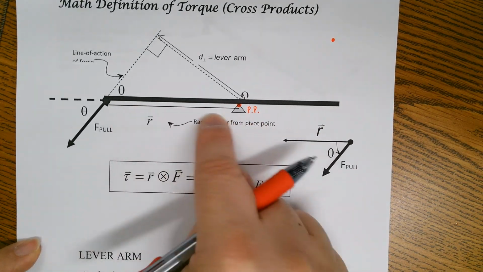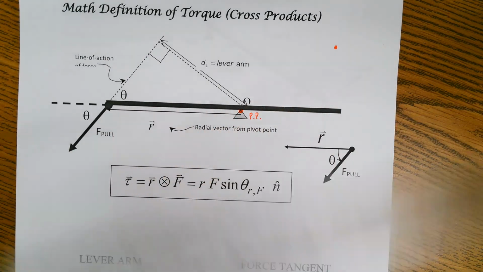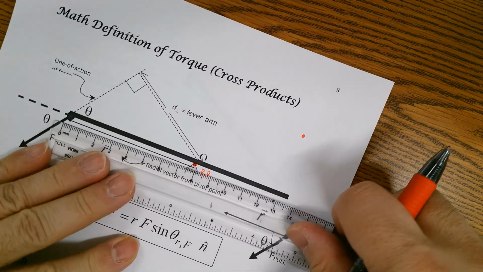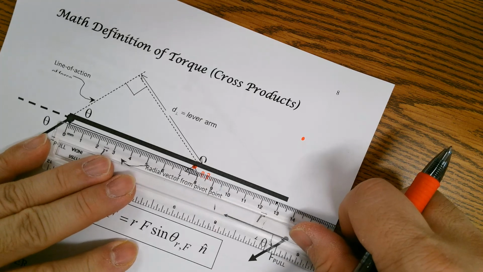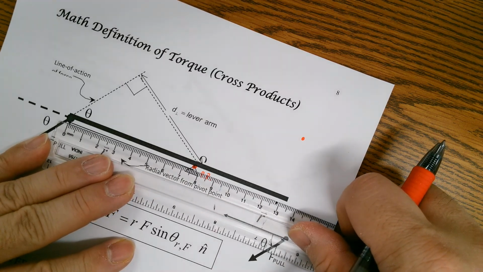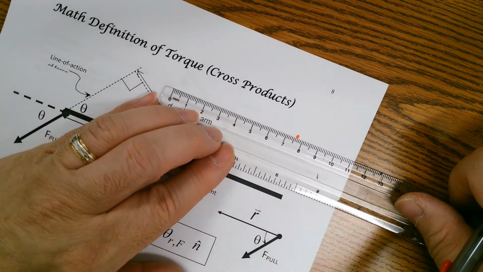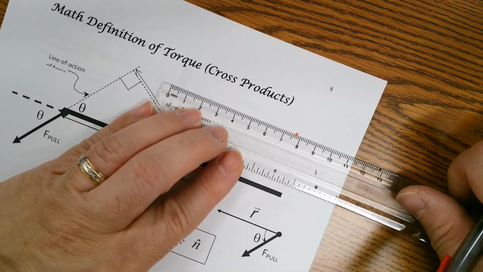Then draw this R vector from this pivot point. So here I'm going to say it's like 7.7 centimeters, and it's going in the negative x direction.